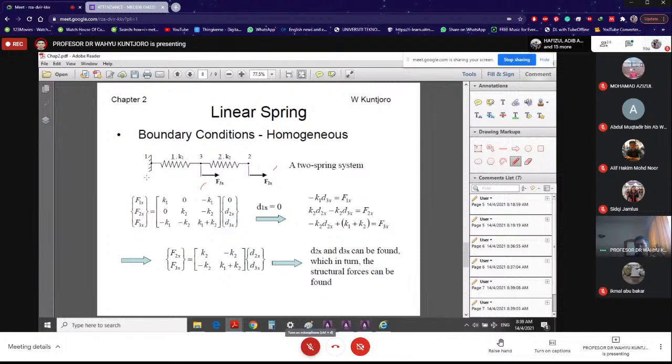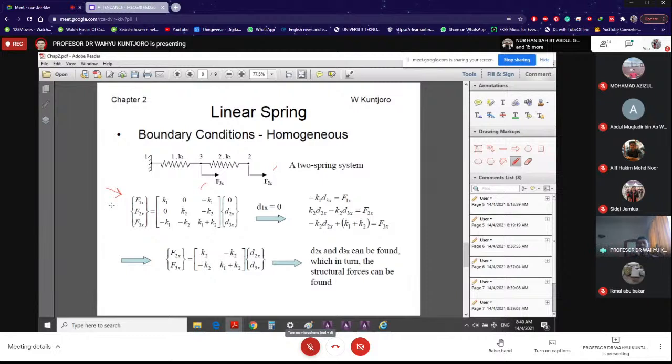So now what we will do here is we are going to solve the problem, introduce the boundary condition and solve the problem. So what we have here is our structural equation, the same as what we have just now. Okay.